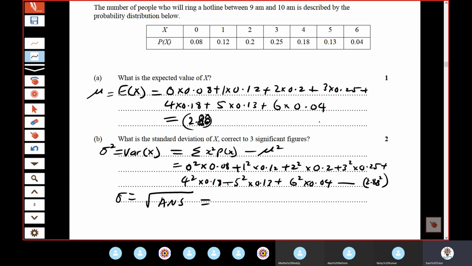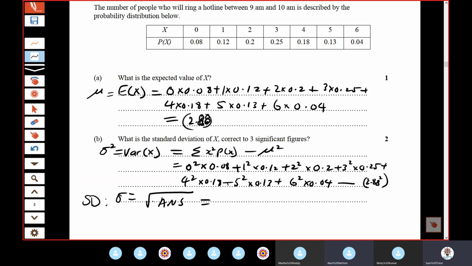You do it the first time, and then you go back and just put squared, and you'll get the second set of answers that you need. You don't really want to put it all in again. I'll check your answer for the first one. Yep, looks good, 2.88, and then like I said, do it again, minus 2.88 squared, you'll get an answer, and then you've got to square root it for standard deviation. Easy.